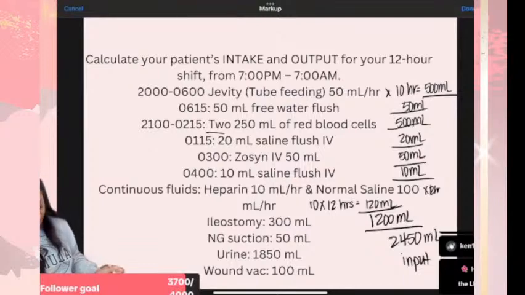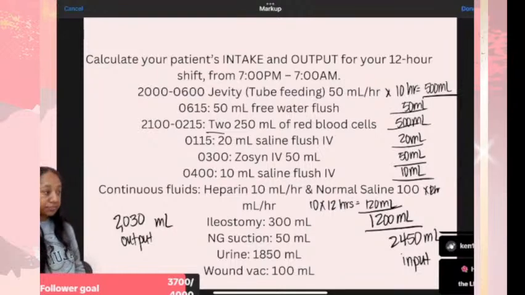So 300 mLs from your ileostomy. So that's out. And NG suction 50 milliliters, urine 1850, and a wound vac is 100. So 300 plus 50 plus 1850 plus 100. So that's going to be 2300 for your output.